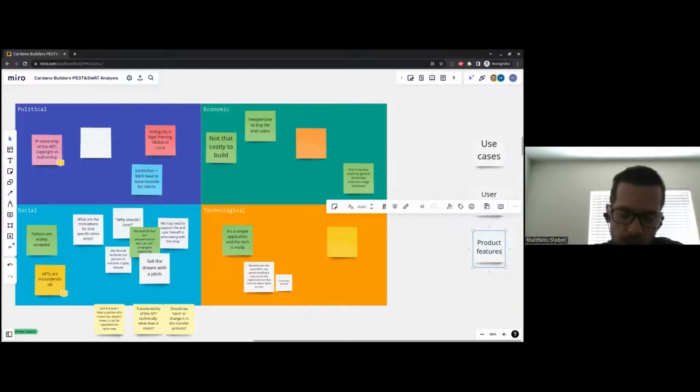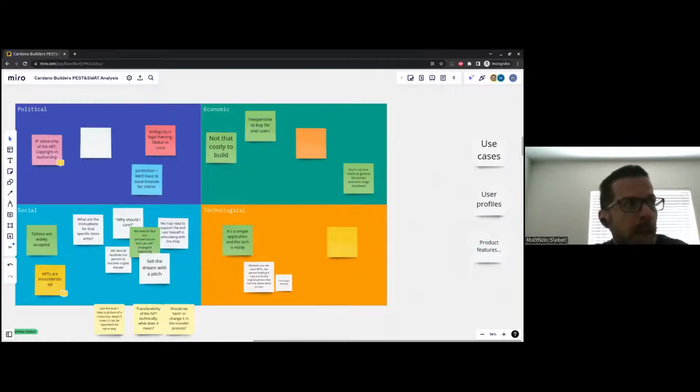That NFT of a cat will be morphed to be a little bit darker. So you create variations of the same original source based on somebody else's profile.